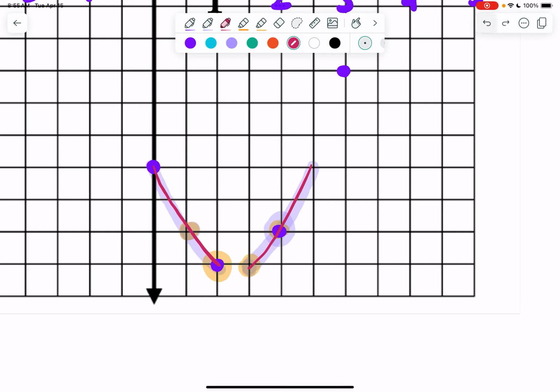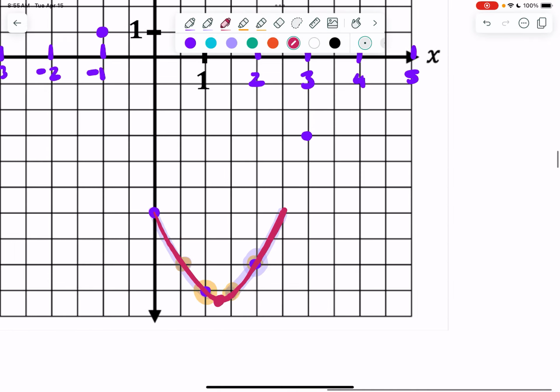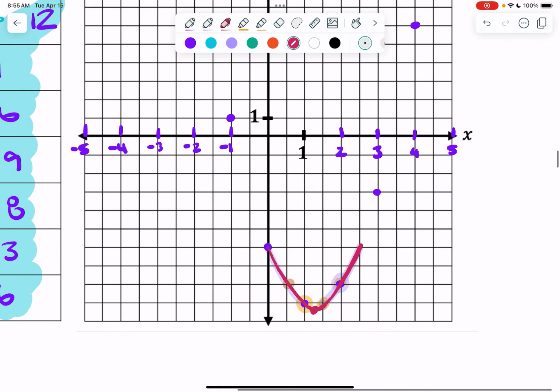I'm just going to follow the curve that's created. So I'd go, and maybe I'd say that vertex is as low as this. I'm trying to match that general shape. This question of graphing from a table of values is probably the most difficult, but I use my knowledge of the axis of symmetry to help me get there.